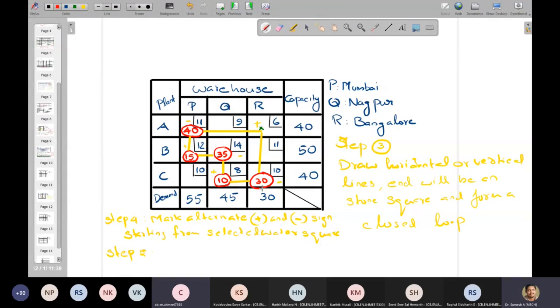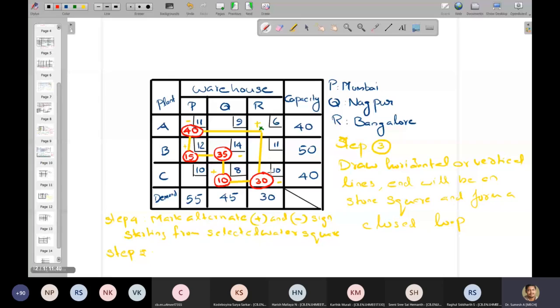Yes, sir. But the 30 is already taken from CR, no, sir? The 30 value is taken from CR. If I take 30 from here, this will become 0. This has to become 10. Then only the 40 will tally here.